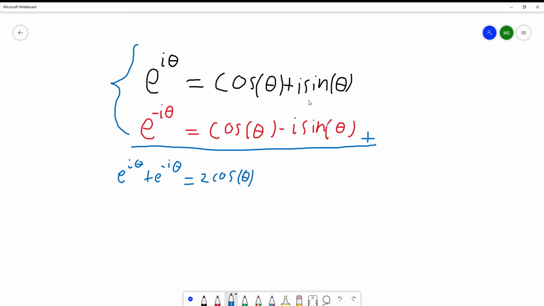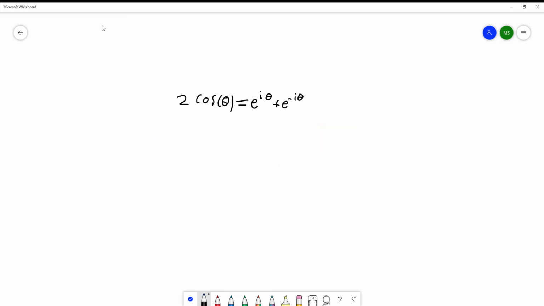Now if we add this, we get 0 plus 0. Now we can do the same trick, and we get that cosine of theta is e to the i theta plus e to the negative i theta divided by 2.